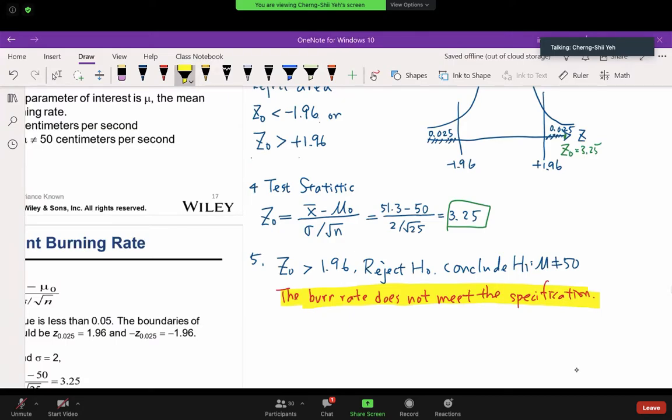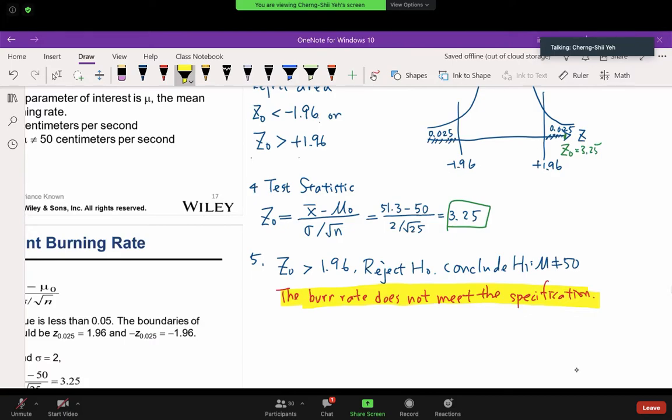So this is an important decision-making point. A whole lot of decision-making strategy is going to be based on this result. So I want you to write this down in a way that supports your manager, or supports you, to make a decision. Okay?